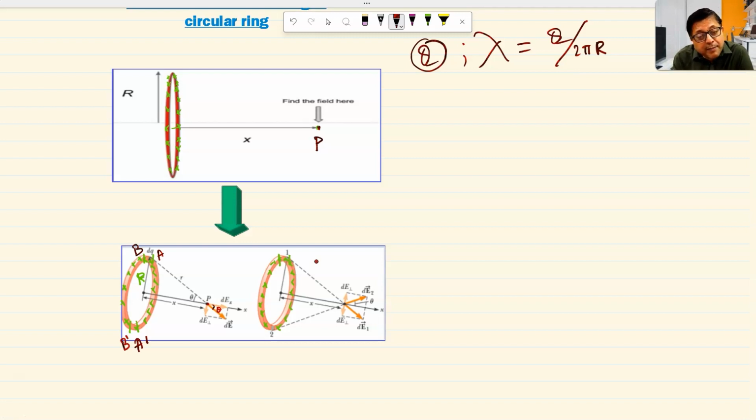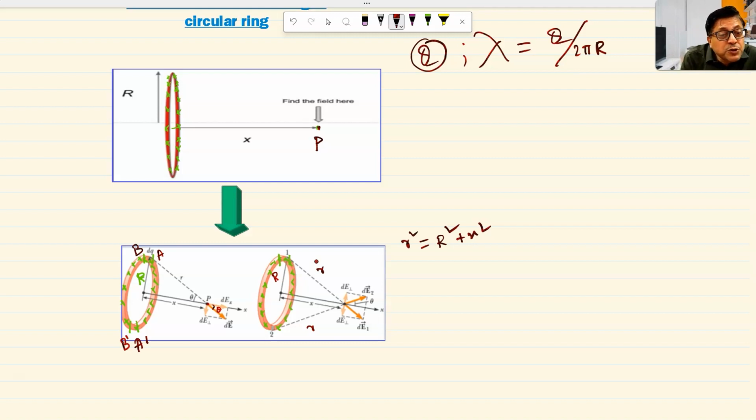the field has the same magnitude here, because this r and this r, there is no difference. The radius is r, we have taken. This r square is r square plus x square. It is true for this case also. The same radius is there, so the distance r remains the same.